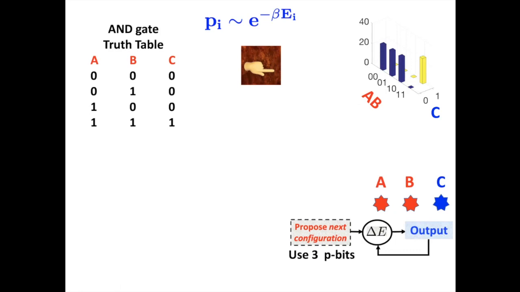So you define your energy function so that the energy is low for the truth table ones, which means these 3 blue ones and the 1 yellow one here, these 4. And the other ones are all suppressed. And as I mentioned, given an energy function, if you run this Metropolis algorithm, you would get outputs which would follow your specified distribution function, which emphasizes all the configurations that belong to the truth table.